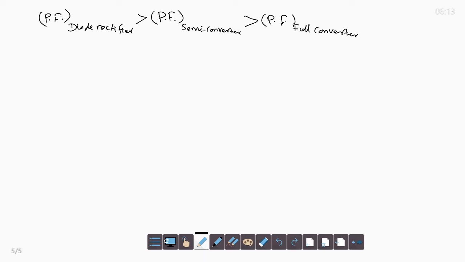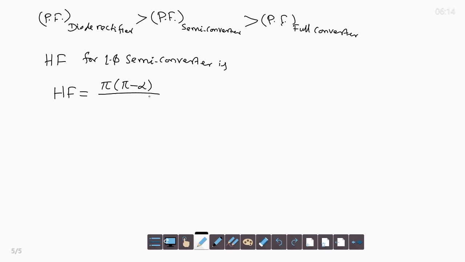And one thing, you can prove the harmonic factor for single phase semi converter using its definition. It is root over of pi into pi minus alpha divided by 4 into 1 plus cos alpha, minus 1. So this is the power factor analysis and comparison between different types of converters.